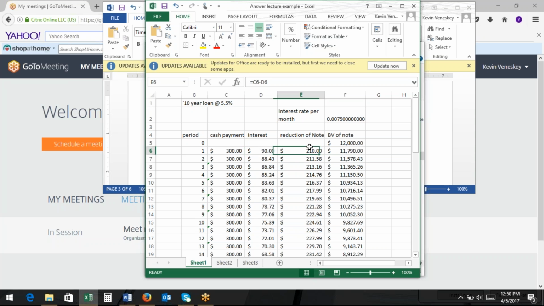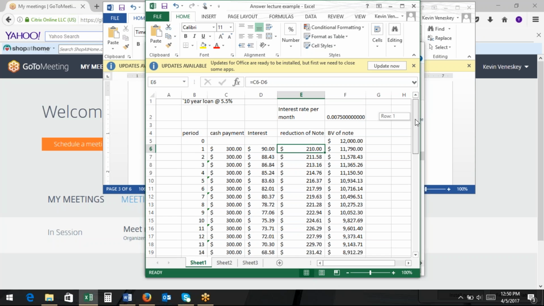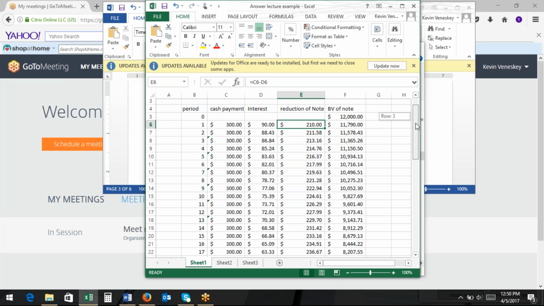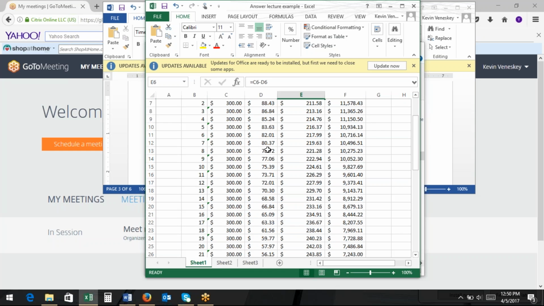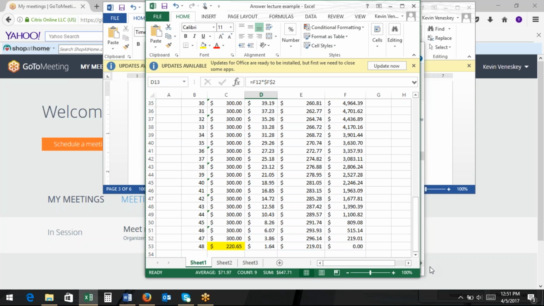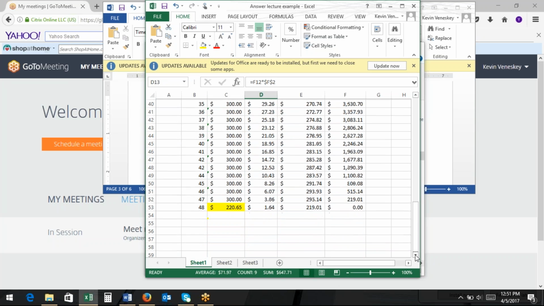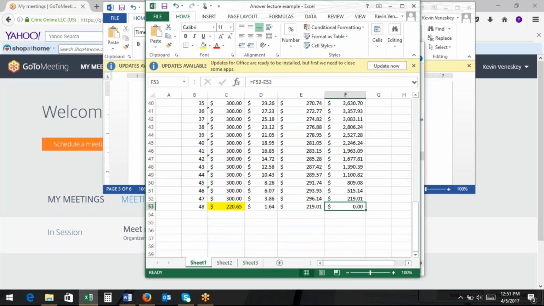With these formulas put into place, I can then easily scroll down and not have to type in anything else. And you can watch the book value of my note as well as the interest continually go down every month until I get down to the 48th month and my book value for the note is 0. Notice I had to make a change here for that final month as well.